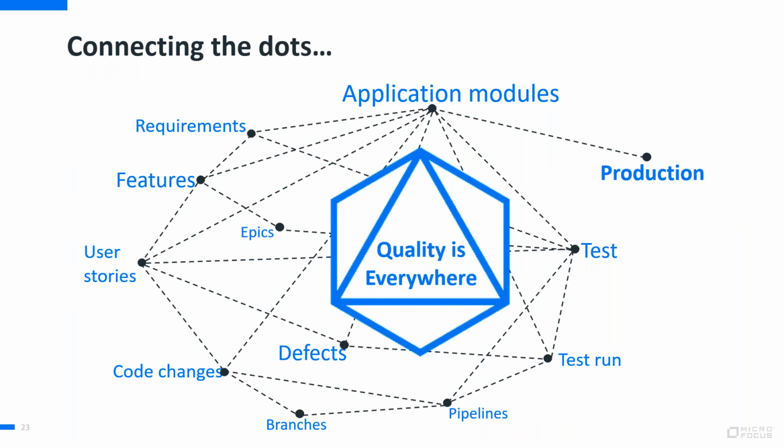Connecting the dots. I thought this was funny the first time I saw this slide. To think about how different this would look from an ALM.net if we did the same thing, where you've got requirements, test lab, test plan, test lab to your defects, right? How we've got everything incorporated from user stories to code changes to pipelines to test.